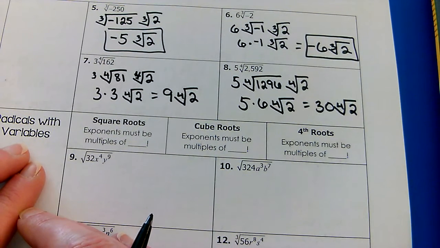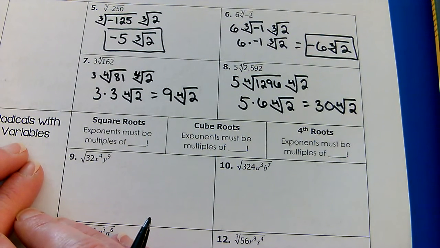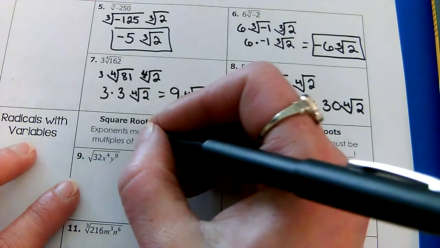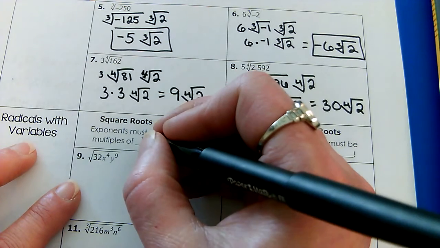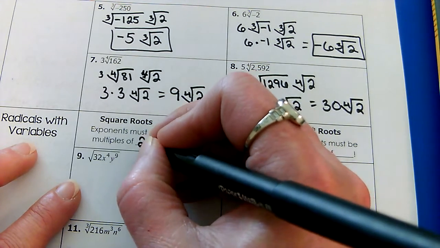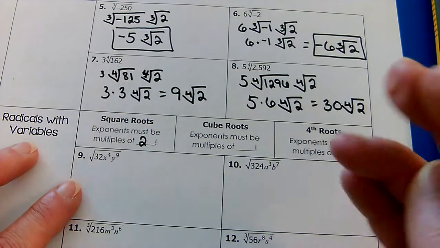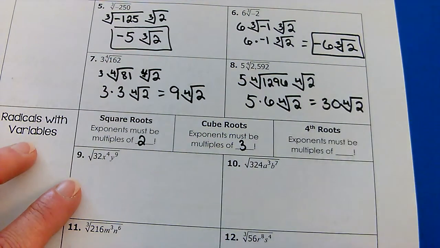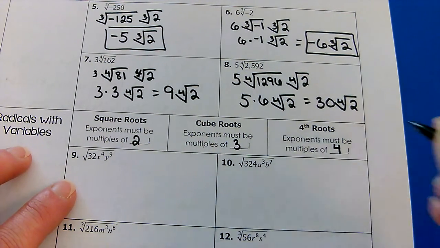Now what if we have variables under the radical sign in the radicand? What we're going to look for is exponents under a square root that are multiples of 2, because those would be perfect squares. Cube roots, we're looking for cubes, and fourth roots, I'm looking for 4s.